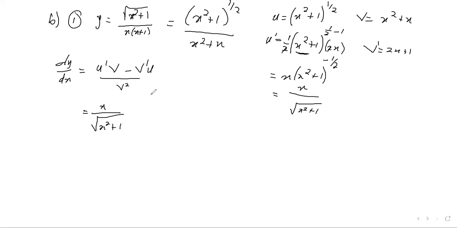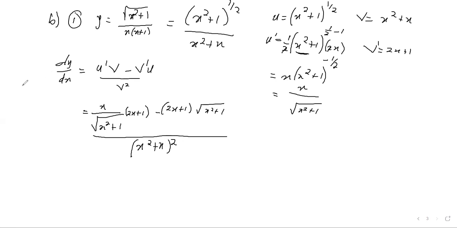And then v is 2x plus 1, minus v prime, which is 2x plus 1, multiplied by u, which is the root of x squared plus 1. And then we divide everything by x squared plus x to the power 2. So here we made a mistake.